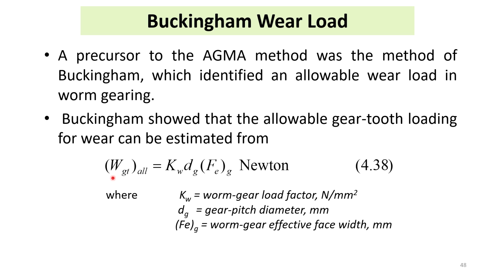So it is the tangential force or the transmitted force on the gear allowed, and it is given by Kw dG Fe in Newton, where Kw is the worm gear load factor in megapascal, dG is the pitch circle diameter of the gear, and Fe is the effective face width of the gear.